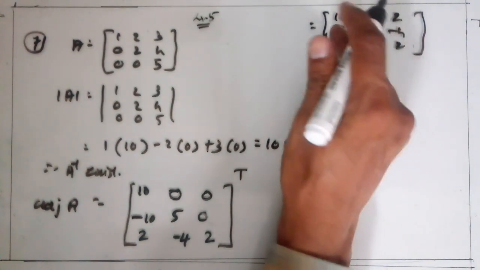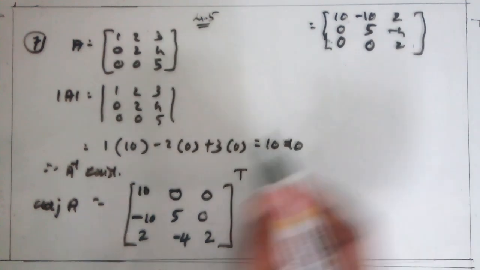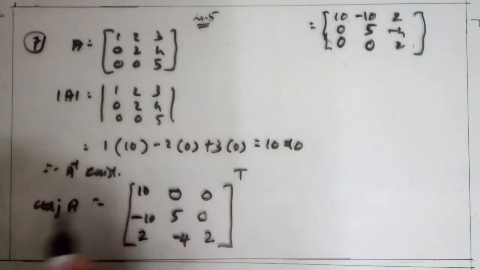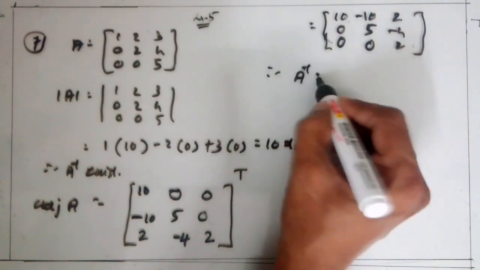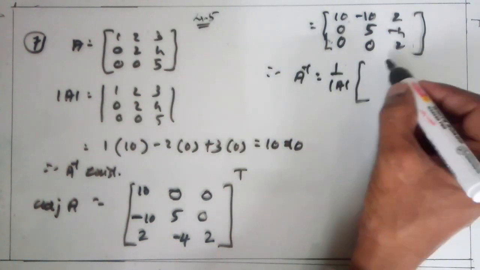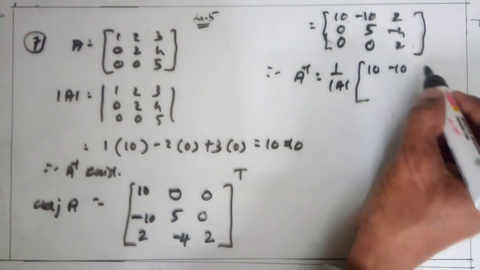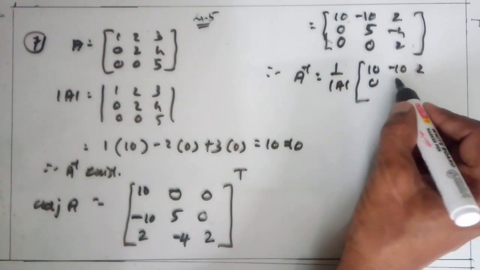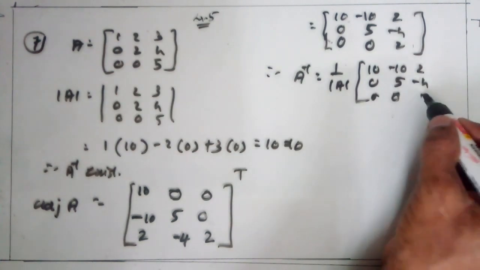So this is the adjoint of A. Clear? Determinant A not equal to 0, therefore A inverse is equal to 1 upon determinant of A into adjoint of A, which is 10, minus 10, 2, 0, 5, minus 4, 0, 0, 2.